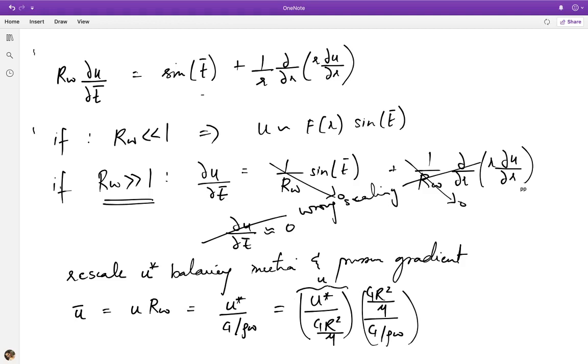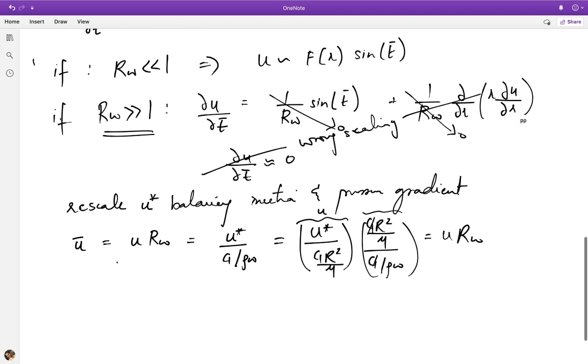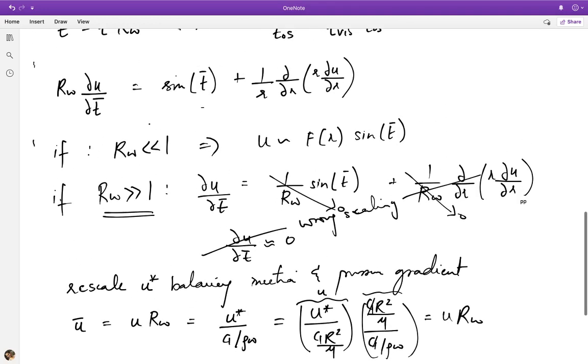So this is the old u which I have here, and this stuff you will see is just r omega. Because I cancel g, and nu by rho is basically nu, and so you will get r square omega over nu, which is r omega. Okay, so by making this substitution, it's effectively going back and rescaling the problem by balancing inertia with the pressure gradient, which is appropriate for the large R omega limit.